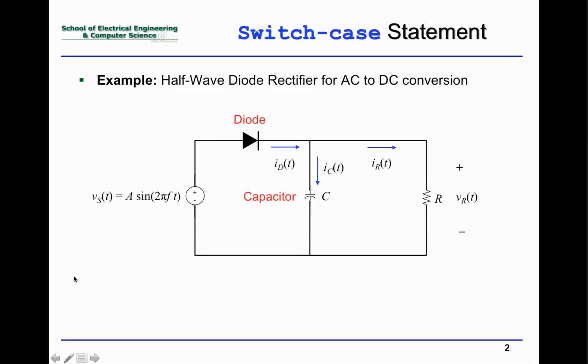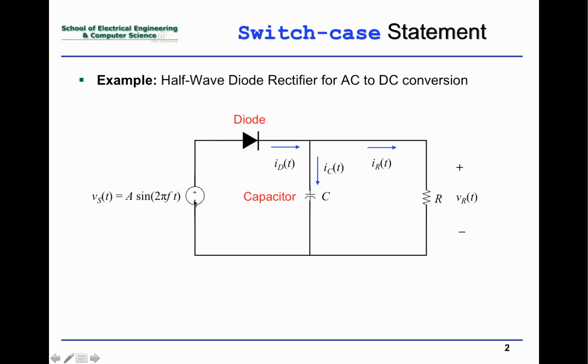So we've got a sinusoidal voltage source that's in series with a diode, and then finally a parallel combination of a capacitor and a resistor. What happens is as the source voltage increases and is positive, the diode is switched on, current flows.